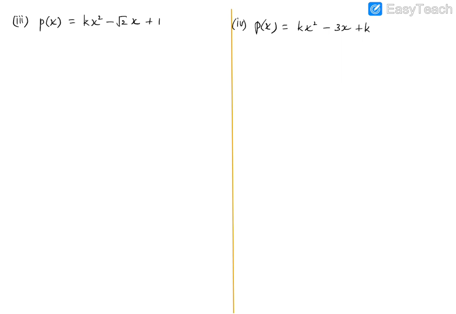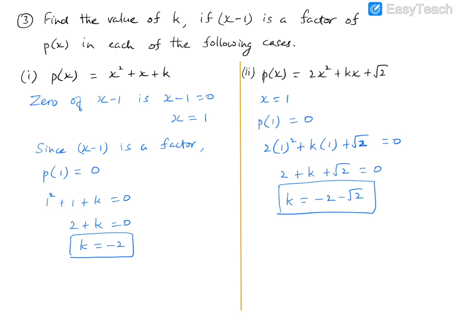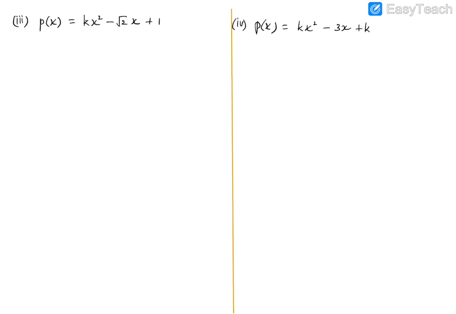And we have two more examples here. So again, we are going to evaluate the value of k given that x minus 1 is a factor. So since x minus 1 is a factor, we have x equal to 1 and p of 1 equals 0.